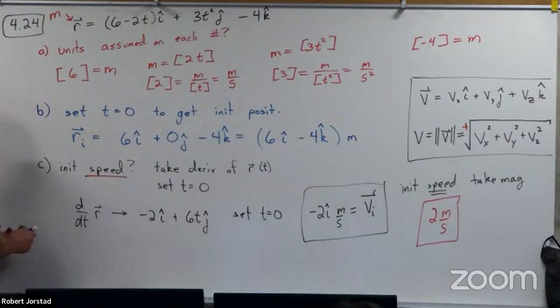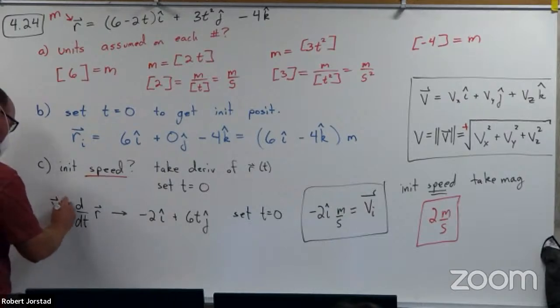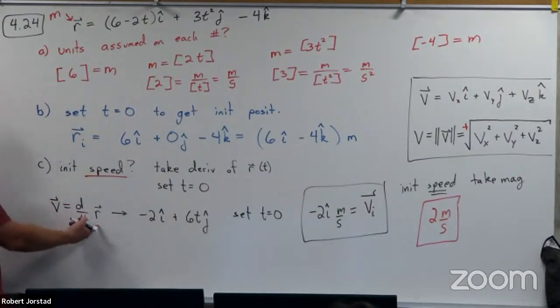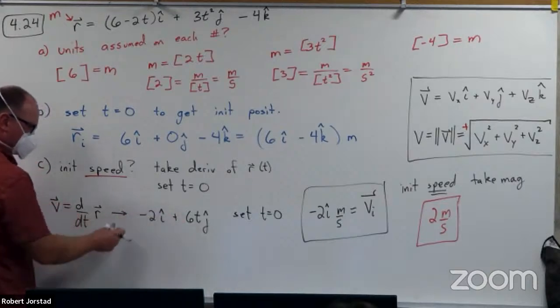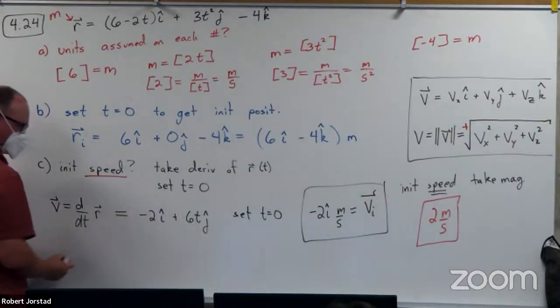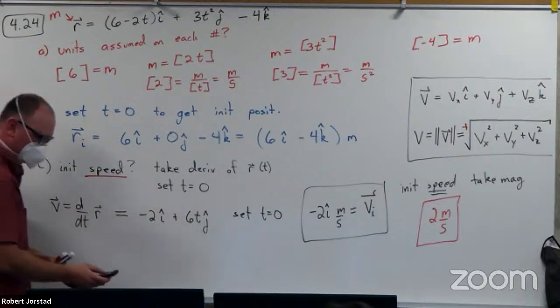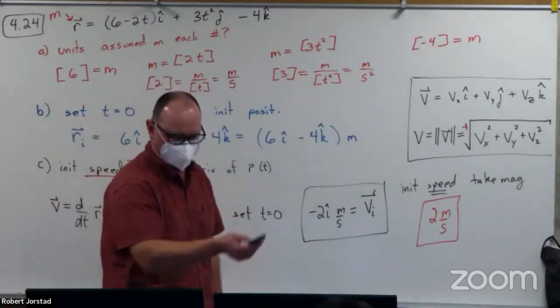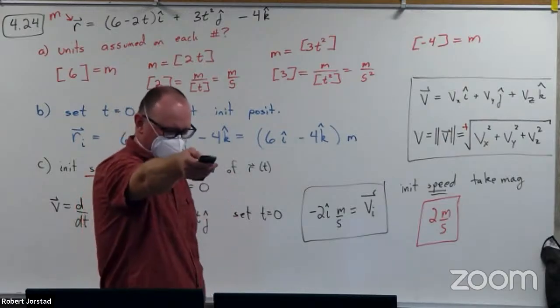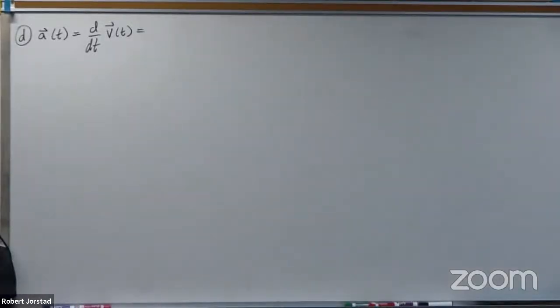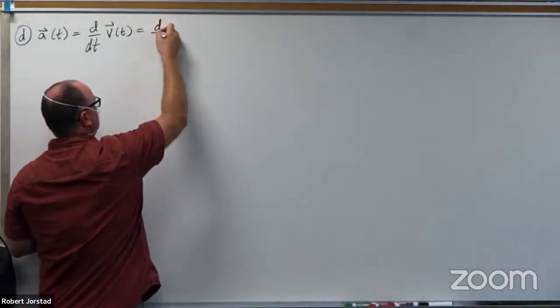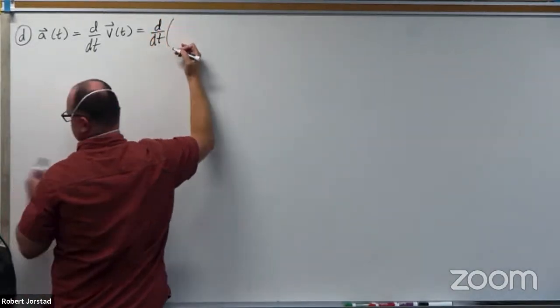Remember, this was the velocity as a function of time with the derivative. It's equal to this. It's not a constant. But when we take the derivative, it's 6 in the j hat. So that's the trick here. And so we see some subtle things.